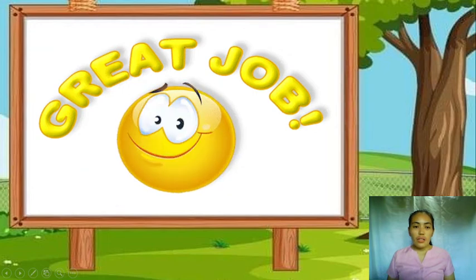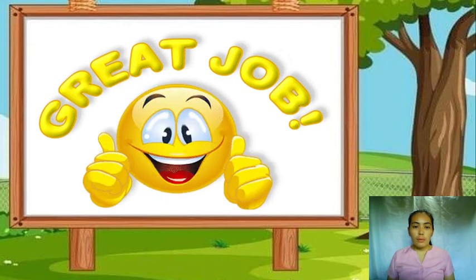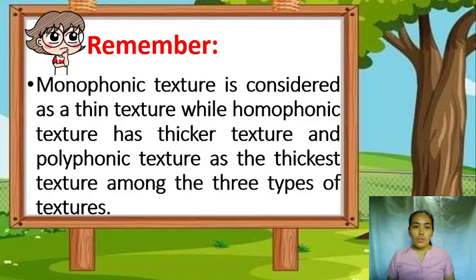Now, can you identify the difference between monophonic, homophonic, and polyphonic texture? Very good. Always remember that monophonic texture is considered thin texture, while homophonic texture has a thicker texture, and polyphonic texture has the thickest texture among the three types.